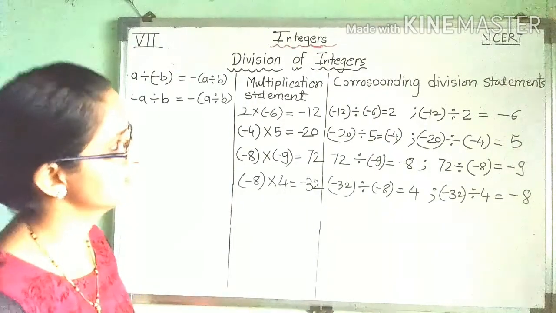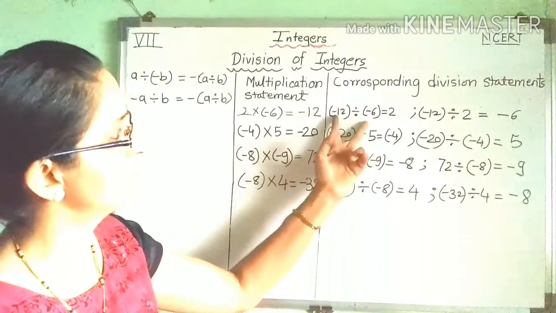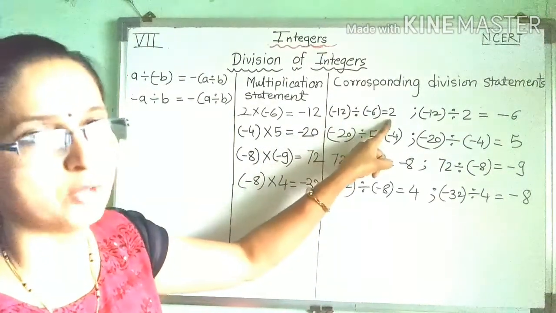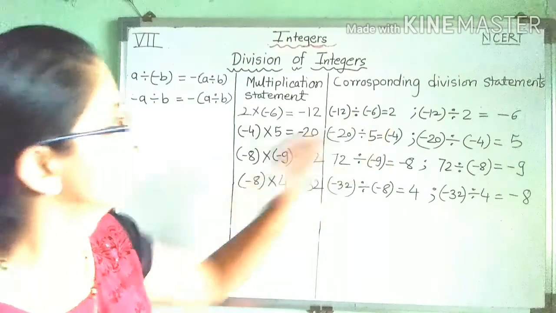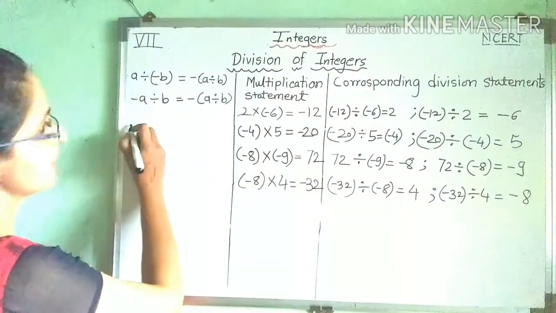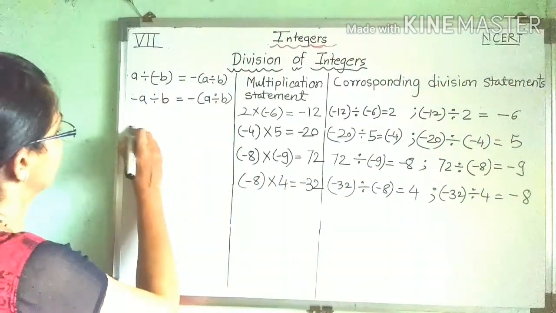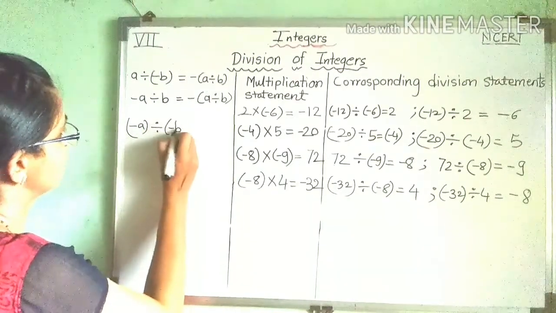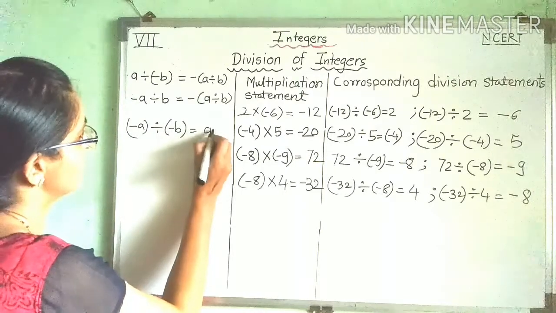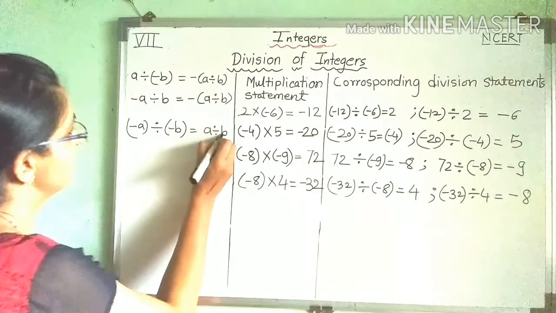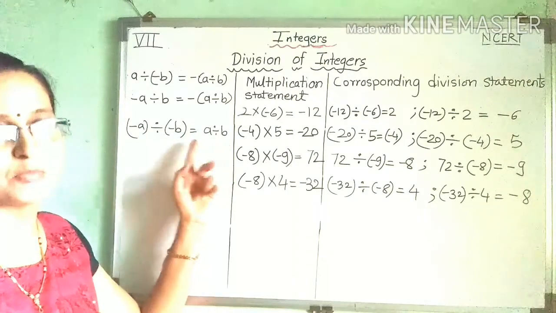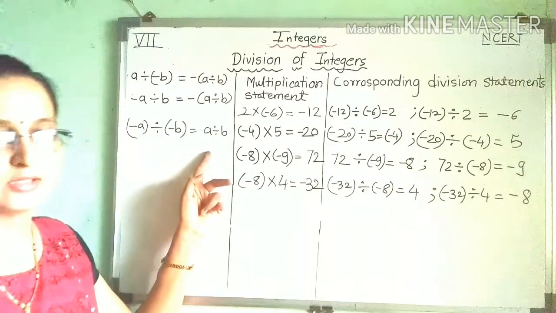Now, when both the integers are negative, the quotient is positive. So we can say that minus a divided by minus b gives the quotient a divided by b. When both are negative integers, the quotient is a positive integer. Is that clear?